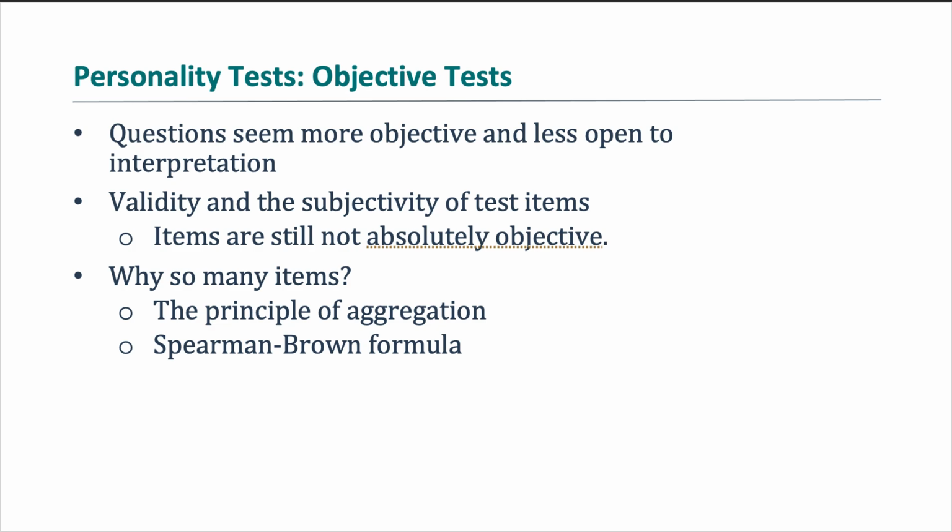So now the items are still not absolutely objective. They can be interpreted in different ways, and this might not be all bad because how they are interpreted might be influenced by the personality, right? So for example, if I was to ask somebody, how sophisticated do you feel you are? One person might say, oh, sophisticated, that's well-read and well-educated, and this is a good thing.